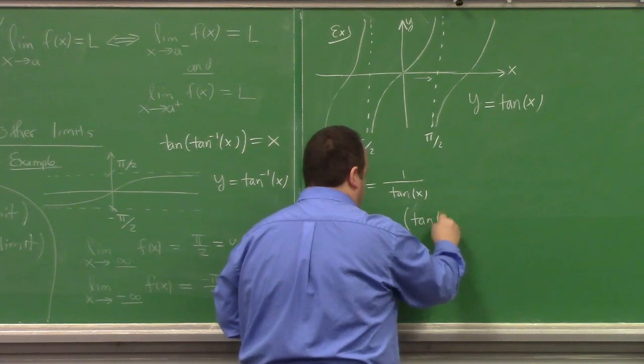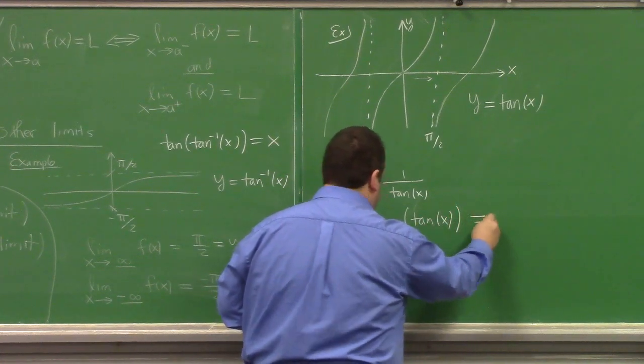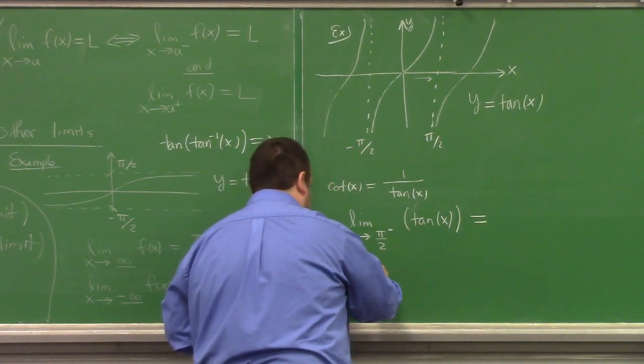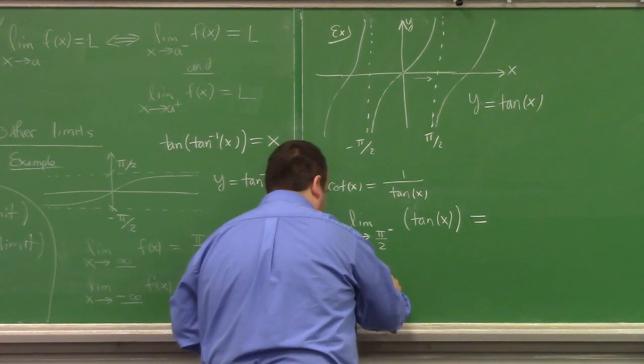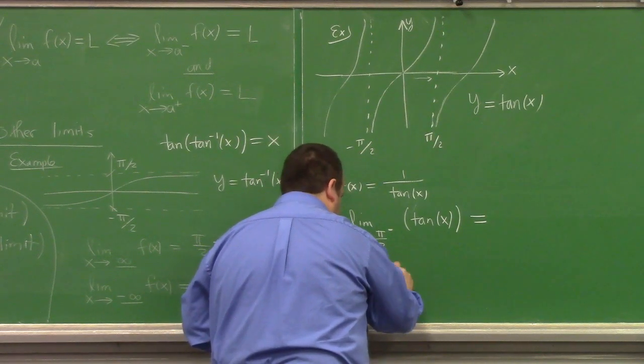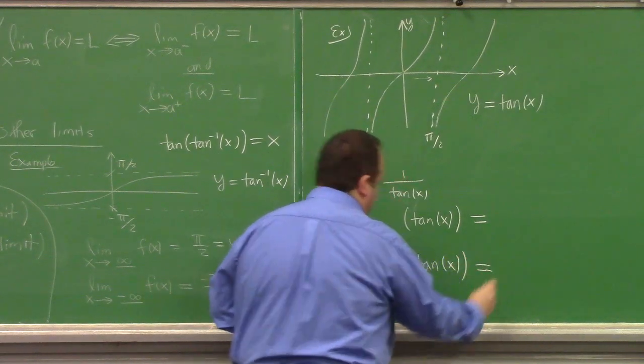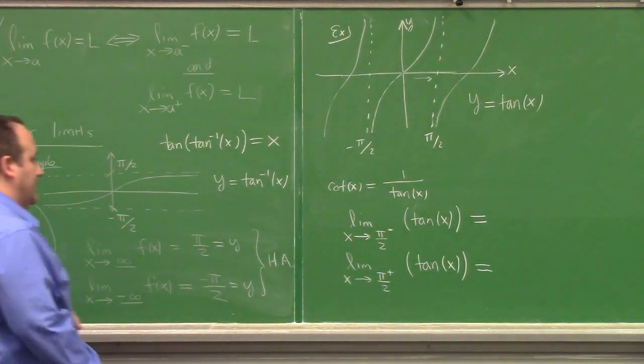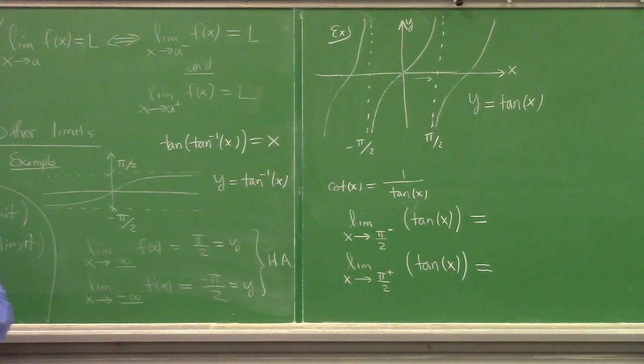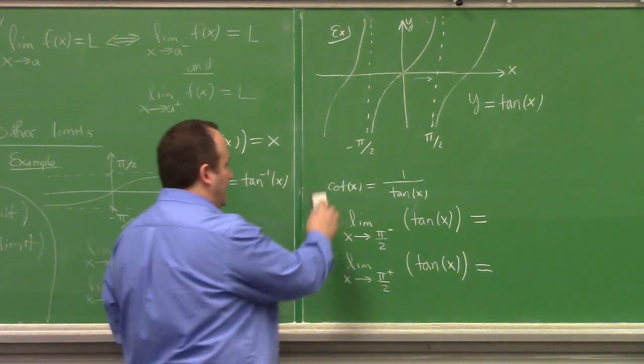So how about the limit as x approaches pi over 2, now we'll do the plus. Where would that be? And let me erase that errant cotangent x. It's just sitting there for no particular reason.